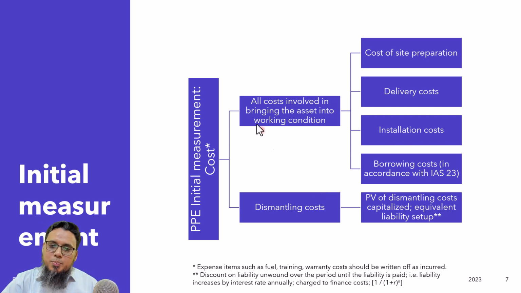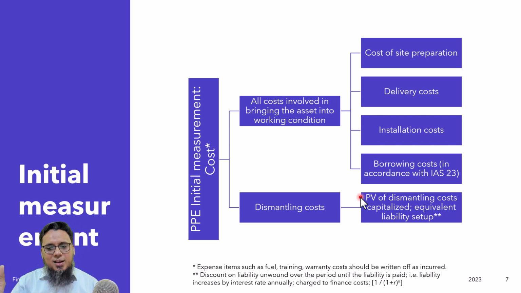If that is also part of the initial measurement, then it cannot be taken as is. For example, if a company is importing a power plant into the country, and they know that after 25 years they have to incur a dismantling cost, so as to return the land in the raw form back to the government, then we will have to calculate the present value of that dismantling cost today and then capitalize that cost.